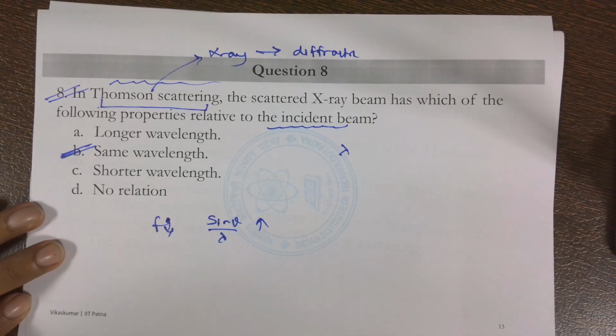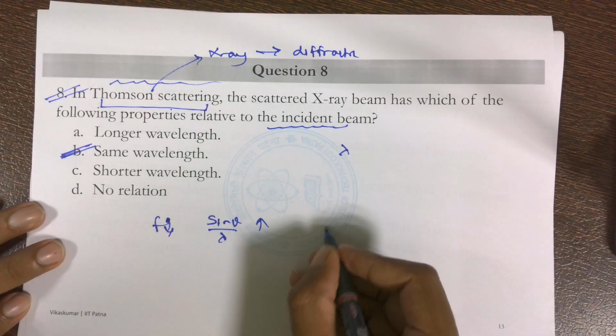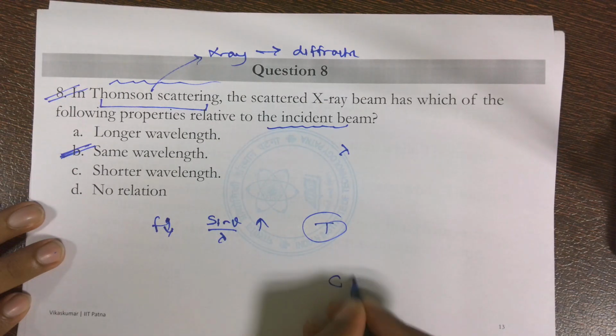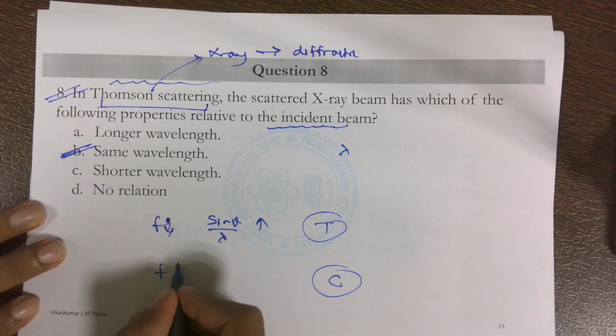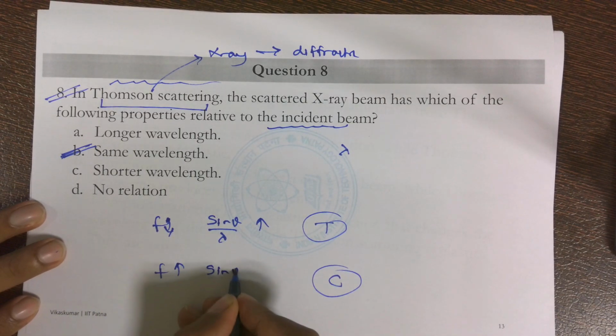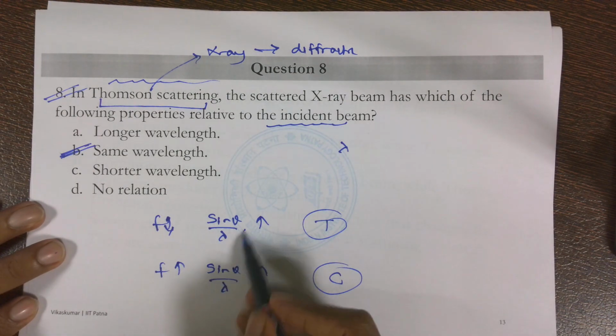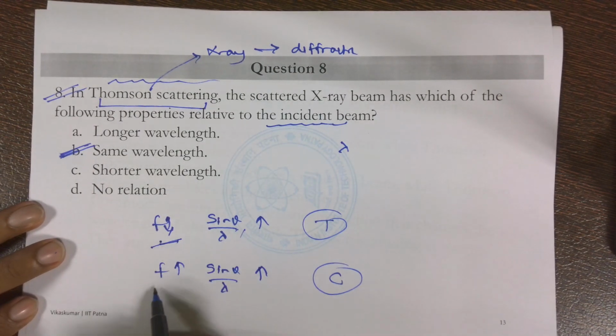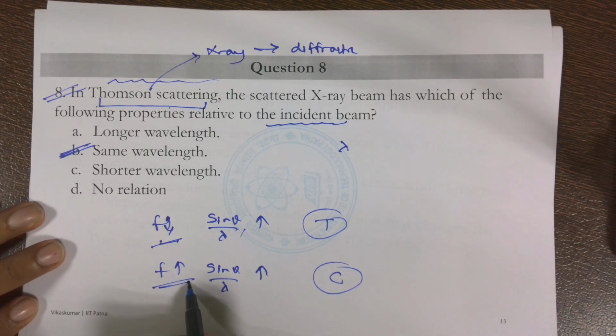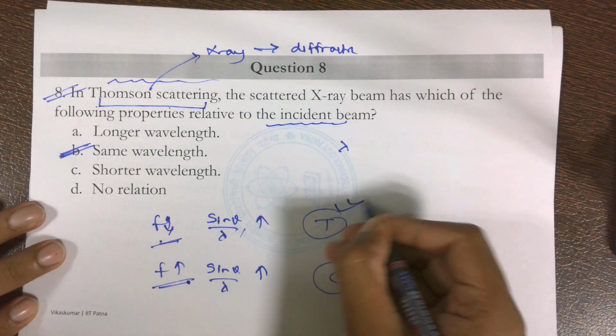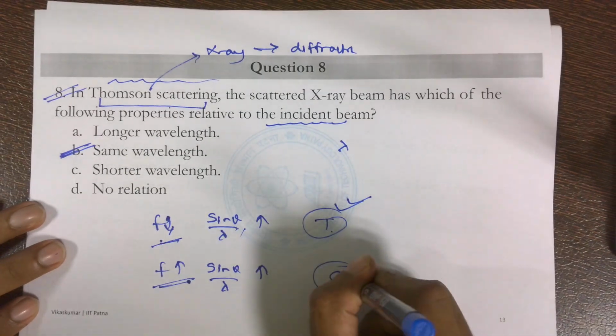But that is for the Thomson scattering. For the Compton scattering, the F will increase if sine theta over lambda is increased. Okay, it's a positive effect. So whatever answer you think for the Thomson, it is opposite for the Compton.